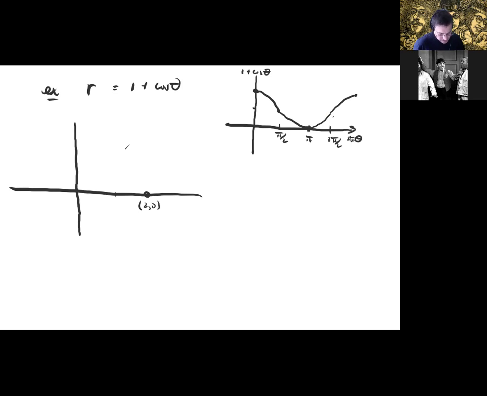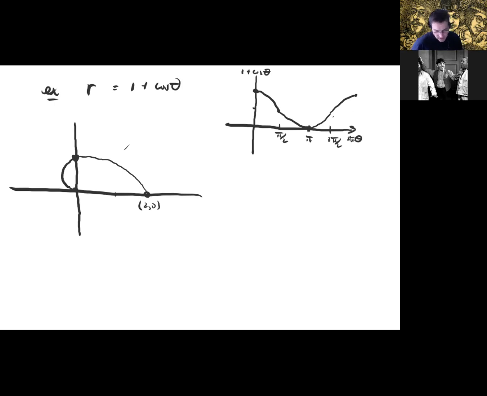So if you start plotting, the distances are getting closer and closer to the origin. And when you get to pi over 2, the height is 1. The distance is 1. Between pi over 2 and pi, that's the angles in this sector, the second quadrant, the value of r is decreasing down to 0. When r is decreasing down to 0, that means that eventually, when it hits 0, you get the origin.